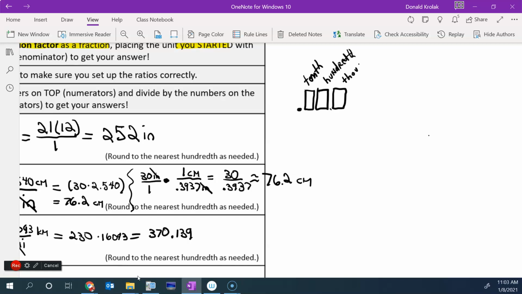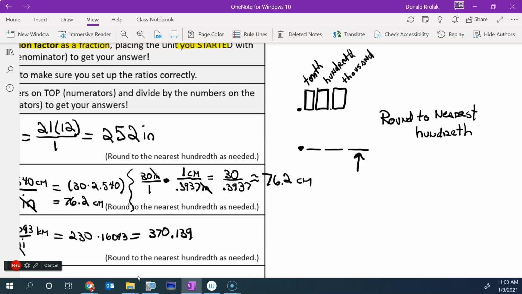If it's saying round to the nearest hundredth, to start I need 3 decimals, because this is 2 decimal places.